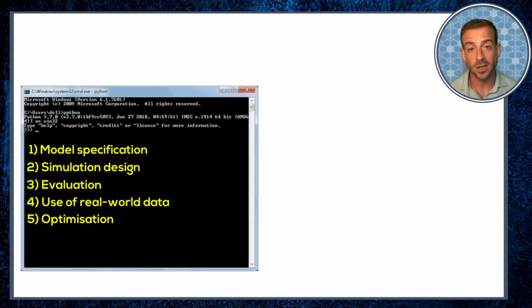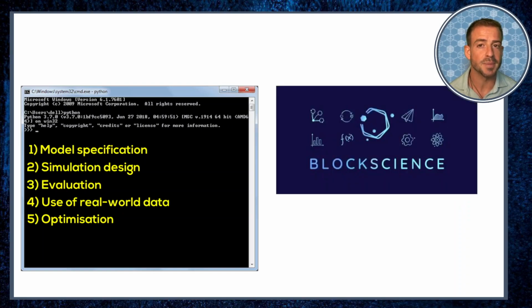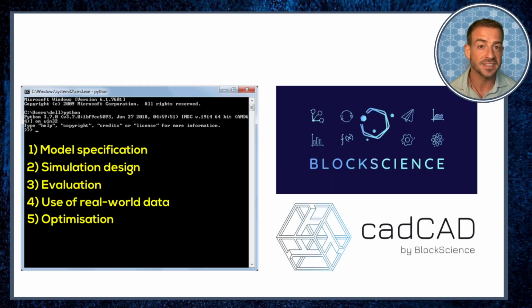Now, if that sounds like a lot to set up for each and every modeling project, well, to some extent, it is. You may decide that you're comfortable with that, but if you're not, Block Science is developing an exciting Python-based tool called cadCAD. That stands for Complex Adaptive Dynamics Computer-Aided Design. cadCAD leverages general frameworks that we use to analyze and describe complex adaptive systems.